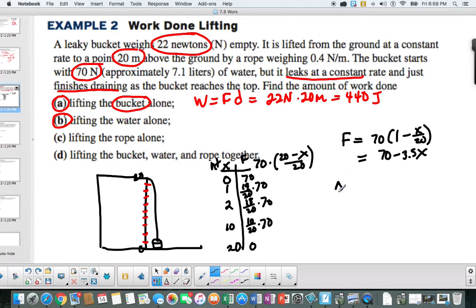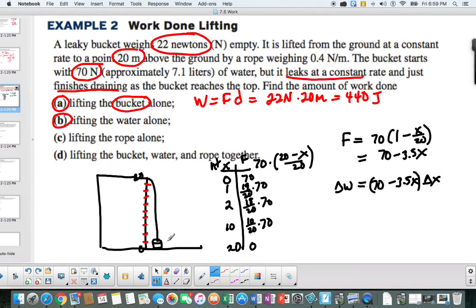Now the work, I'm going to look at little works along the way. So a little bit of work from here to here, here to here, and these little intervals suggest that the work is fairly constant. So the force is 70 minus 3.5x, and then times the distance.